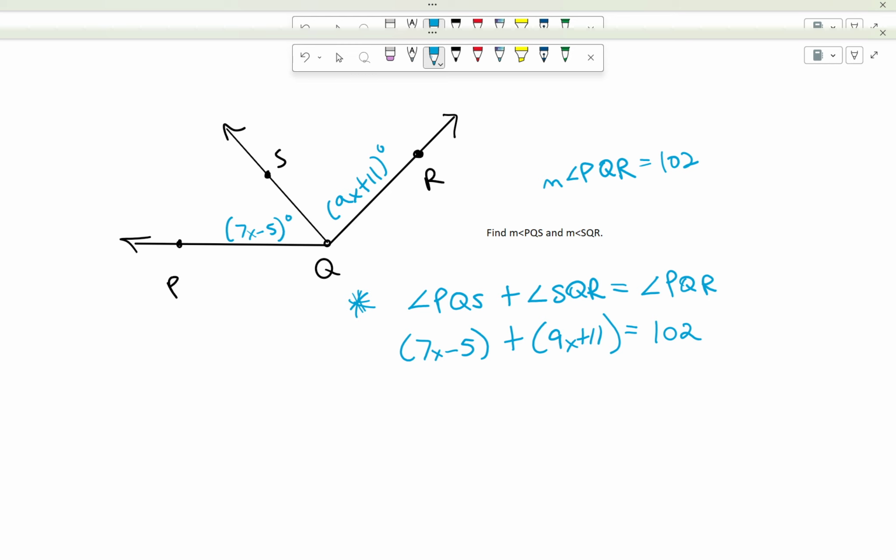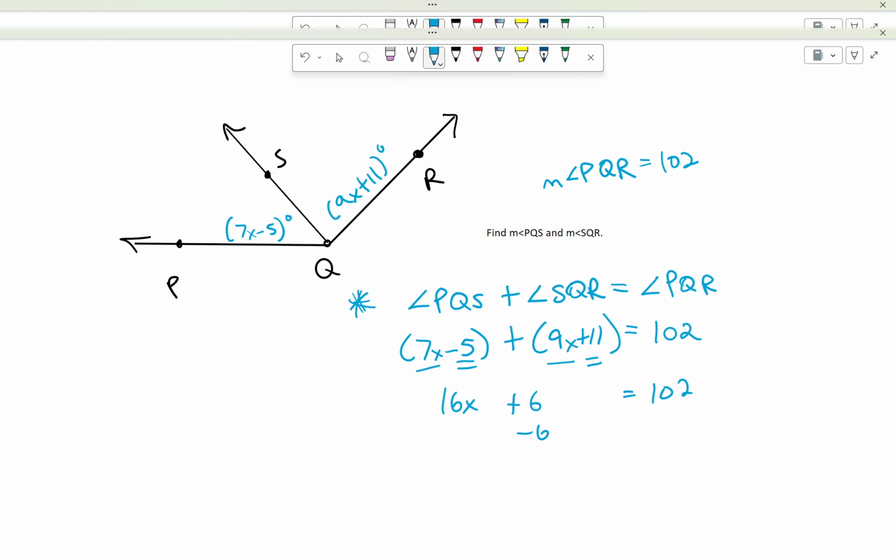Now, once we have x, that doesn't mean that we have found our solution. It means we have to utilize that information to find PQS and find SQR. So 7x minus 5 plus 9x plus 11. We're going to combine our terms. Our 7x and our 9x give us 16x. Our negative 5 plus 11 gives us 6, and that's equal to 102.